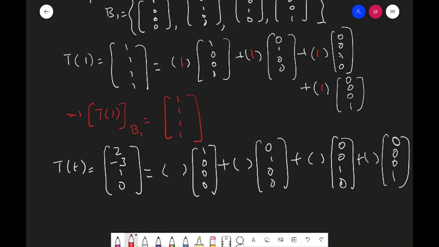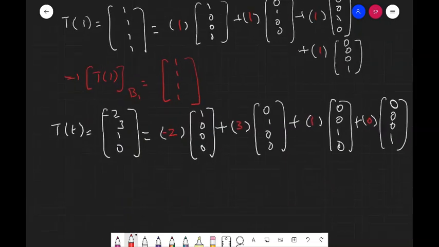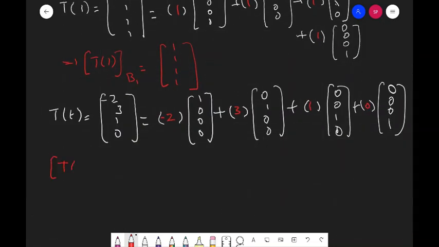Sorry, this is minus 2 and this is 3. So here I have minus 2, 3, 1 and 0. So the coordinate vector of T of t with respect to B1 is nothing but minus 2, 3, 1, 0.